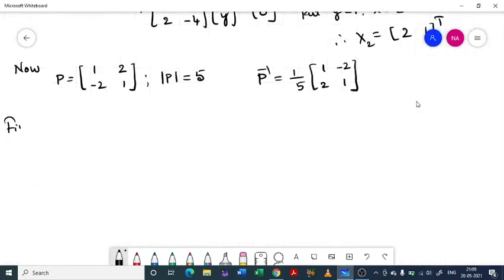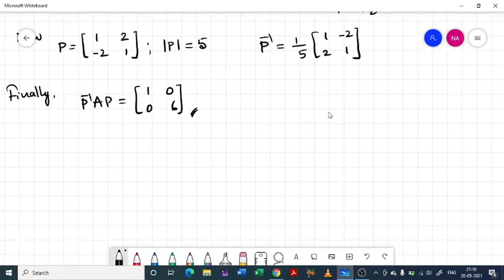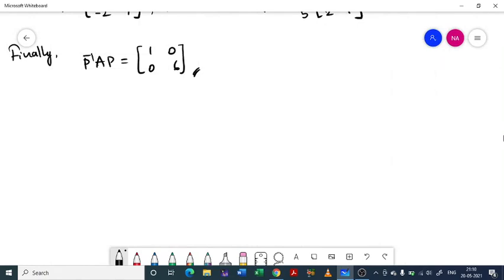Finally you can check it; I'm not going to do it here. So P inverse AP will definitely be [[1, 0], [0, 6]]. So A is diagonalizable. So that is A, B, C, D.